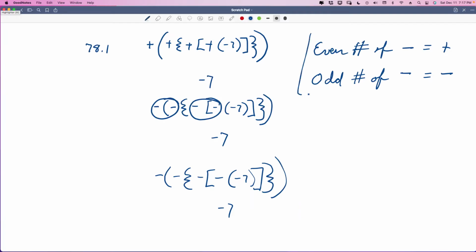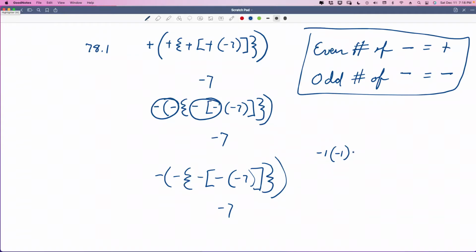If you remember this rule, or if you pair them up or cancel them out in 2s, it's still the same answer. It is still the same answer. It is whichever answer works for you. But I would urge you to remember that what you are really doing is saying -1 times -1 times -1 times -1 times -7.